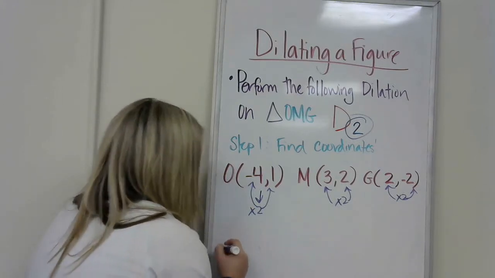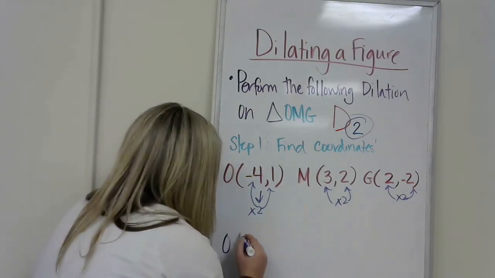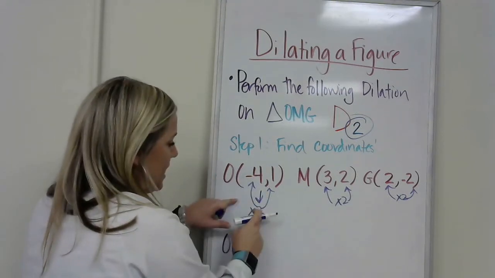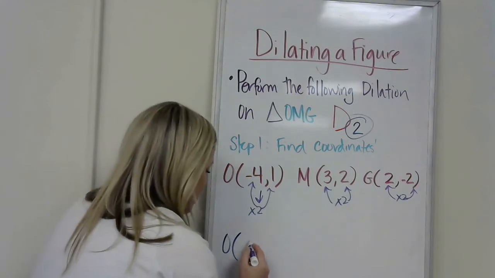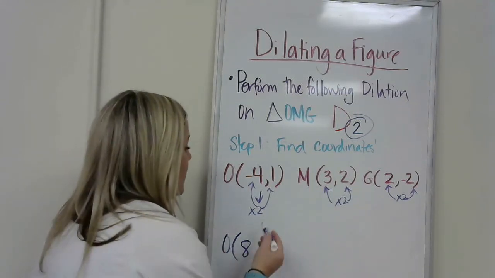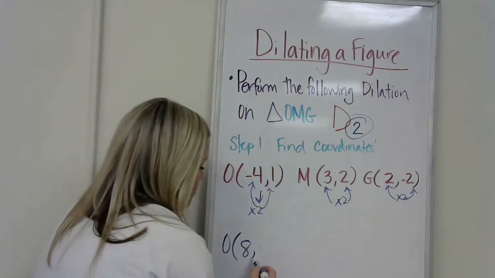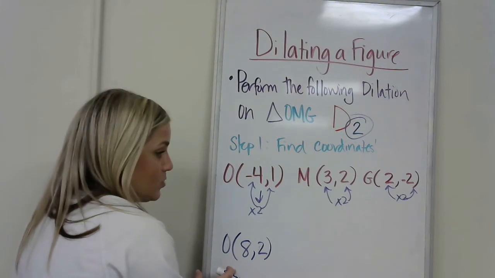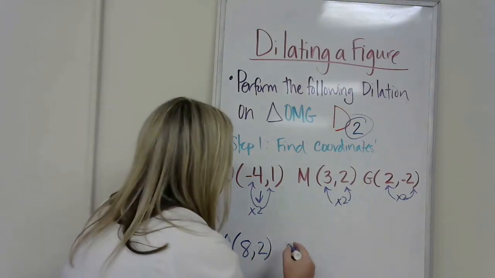So our new coordinates for O, for the next triangle, would be -4 times 2, which is -8. Do you see how you need to know your negatives and positives and your rules? 1 times 2 is just 2. So the new coordinates for O would be X is -8, Y is 2.